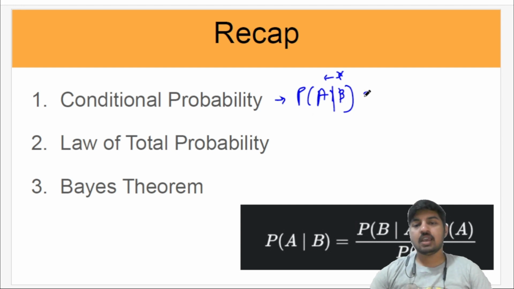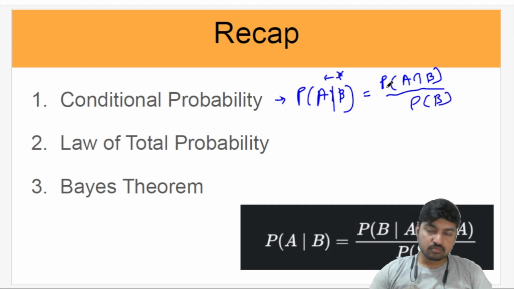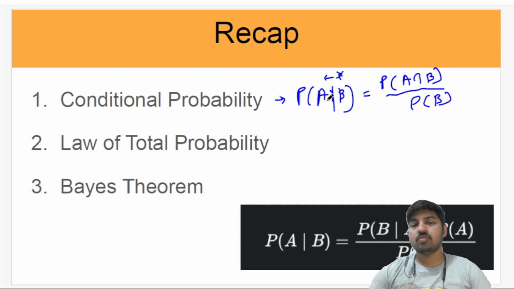We achieve this by computing the probability of A intersection B divided by the probability of B. This is how we get the probability of A given B.